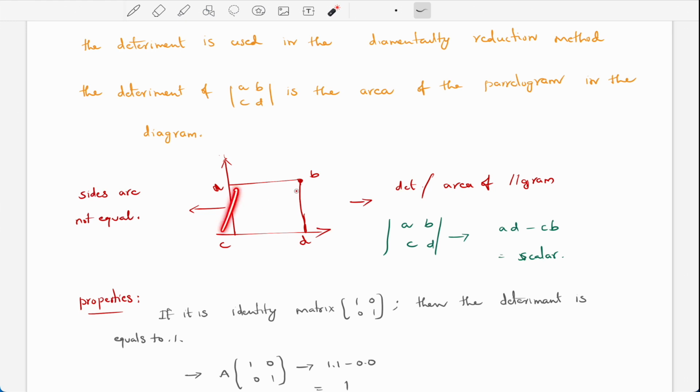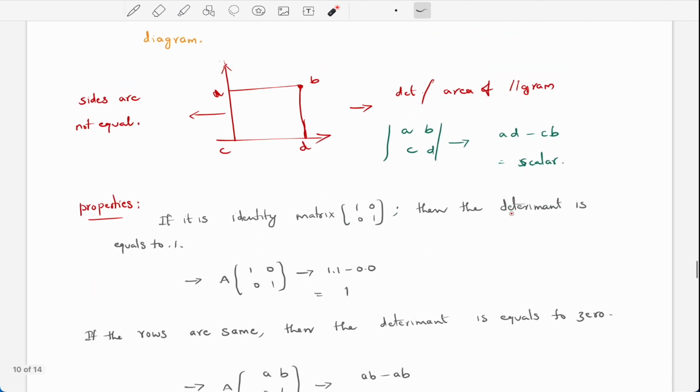Just imagine it as a parallelogram. If we take the determinant, the area of the parallelogram, we get a scalar. So the determinant of ABCD is the area of the parallelogram. I hope you are understanding. It calculates the area of that parallelogram.